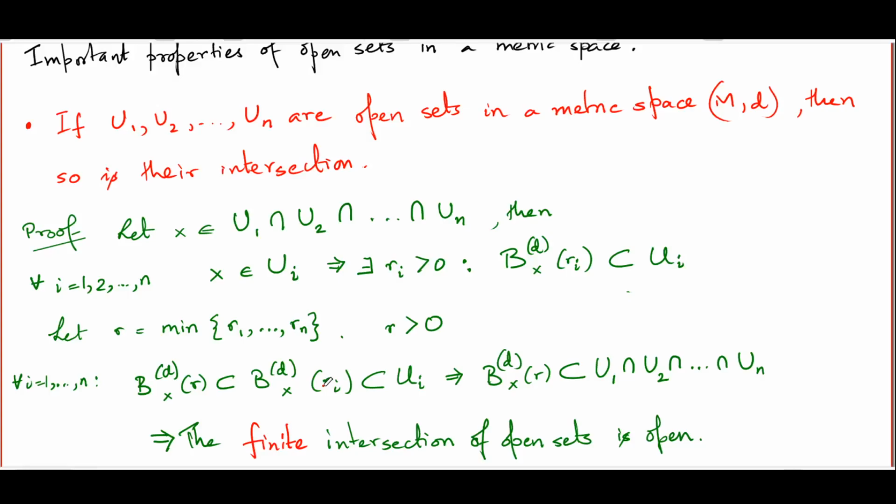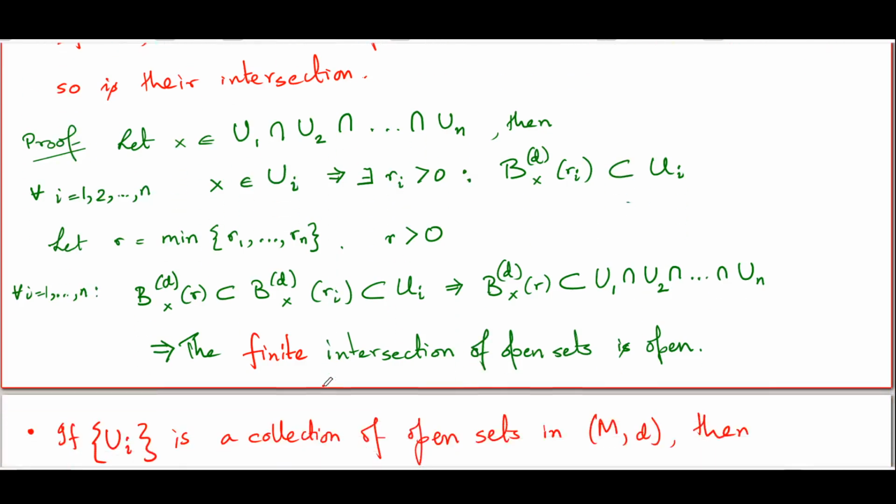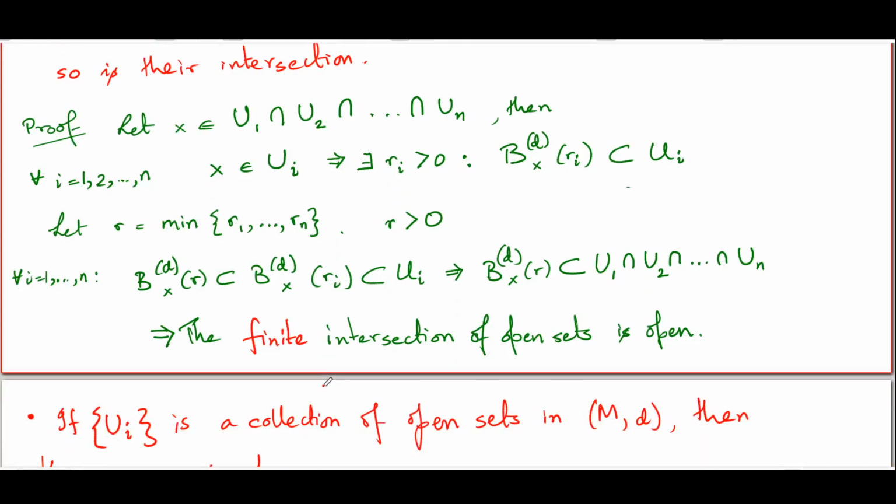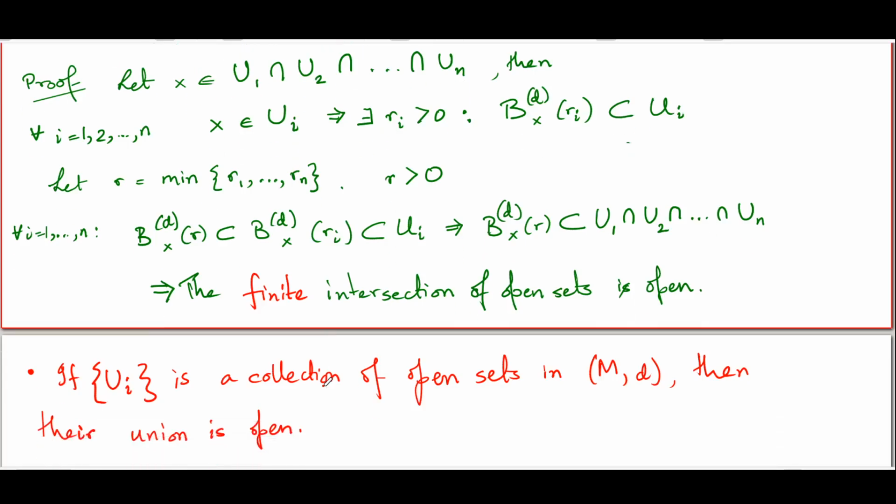This theorem concerned the intersection of open sets. The next one concerns unions. For this, we start with any collection of open sets in a metric space M, D, and note that we have not stated whether this collection is finite or infinite. We demand, at least the theorem demands, that the union of any such collection is an open set.